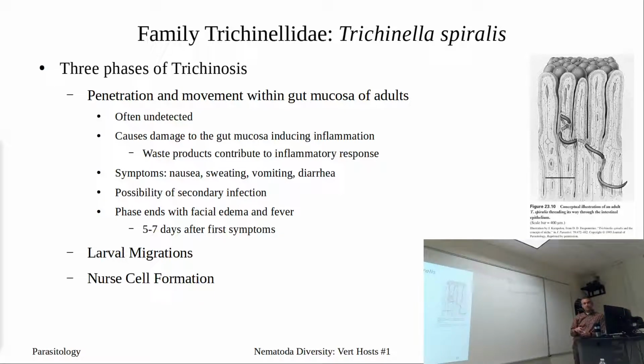If you get Trichinella, you're going to exhibit a disease called trichinosis. The first phase is tied to the juveniles and the adult stages as they're moving through the gut mucosa. That could produce symptoms. Now, often it's undetected.